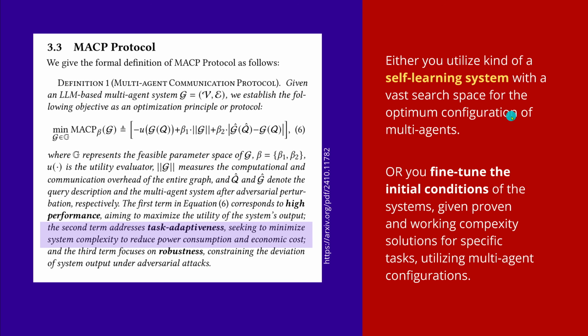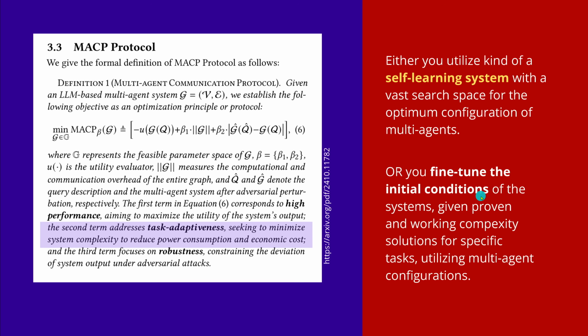And if you don't want this complexity of a self-learning system, you can help yourself. And this is the last tip. When you start the fine-tuning, look at the initial conditions. Look at the start configuration. Because the more cleverly you choose a specific start configuration for the system, the faster your system will converge, and the faster we will have a proven solution that works.